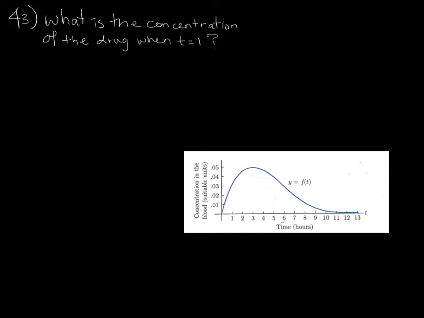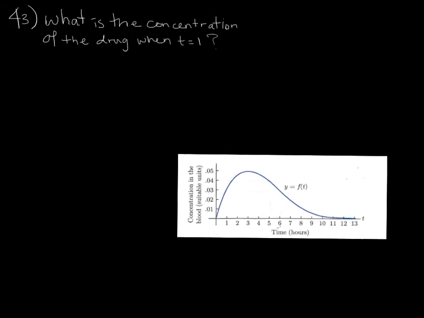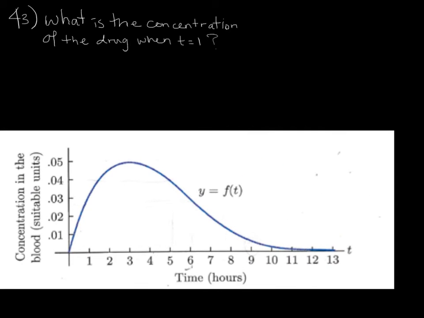For questions 43, 44, and 45, we'll be using the graph f of t given here, which is the concentration of a chemical in the blood at time t hours. It's called the concentration function. So to answer 43, we simply want to know what y value, or output value, corresponds to the input value t equals 1.